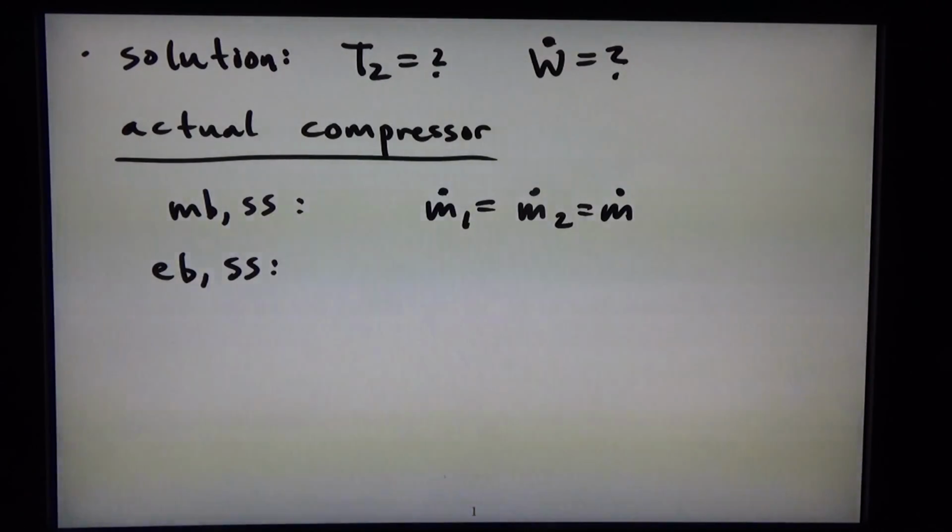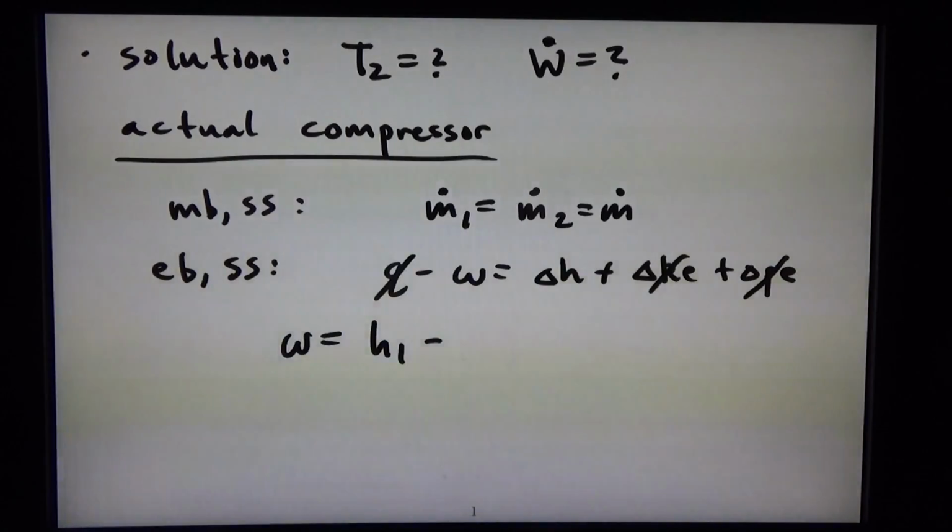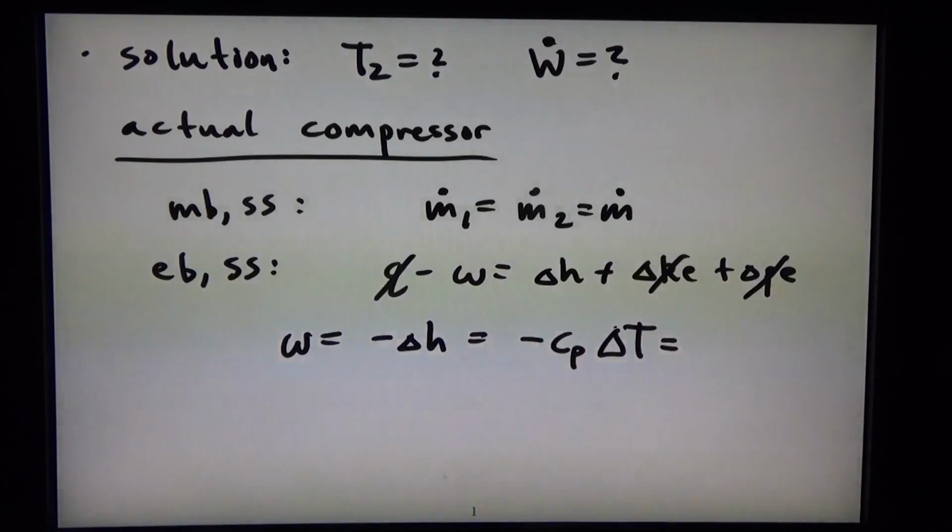The energy balance, we write it, then we cancel out negligible terms from the conditions, and we get work is equal to negative delta H. Since this is an ideal gas in the problem, air, we can write delta H as C sub P delta T. So we get negative C sub P delta T, or just C sub P times T1 minus T2.